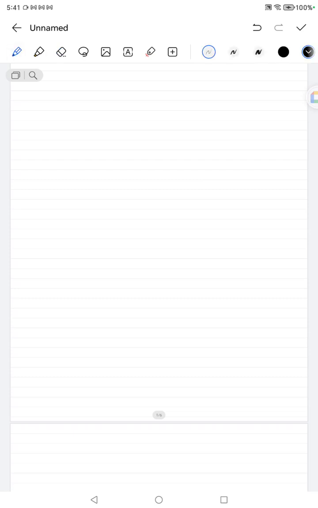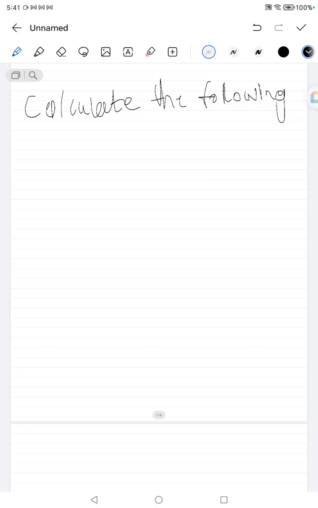So the first one, what are they saying? They say, calculate the following definite integrals.